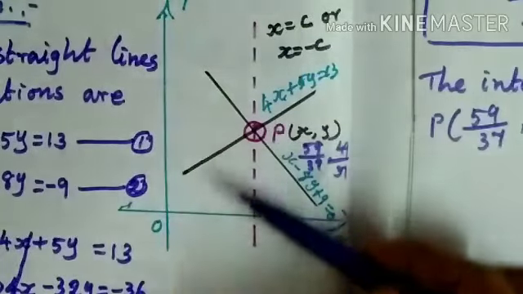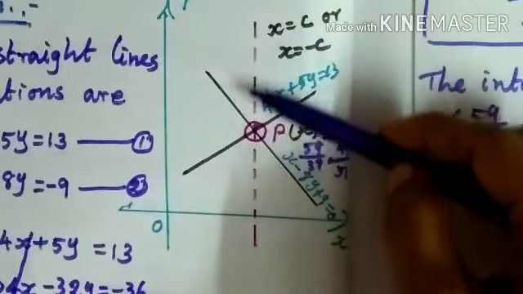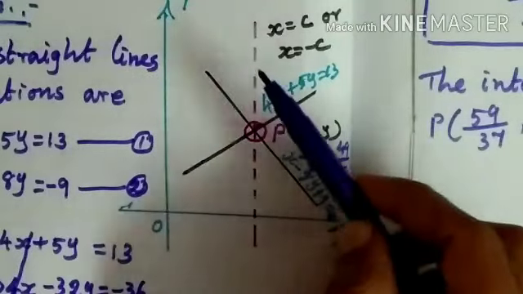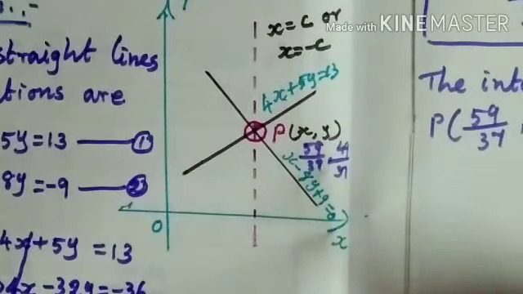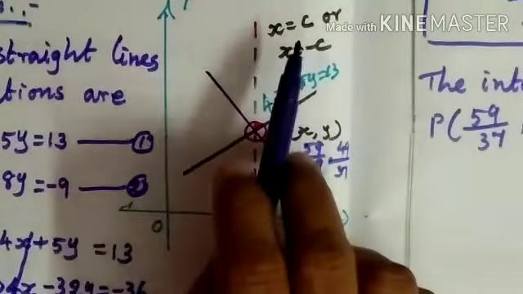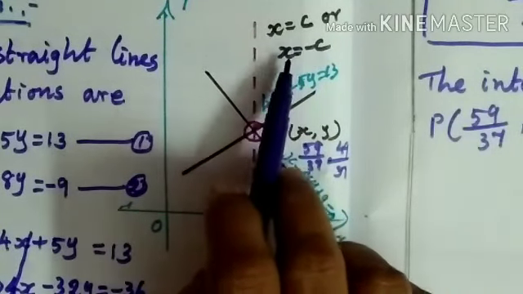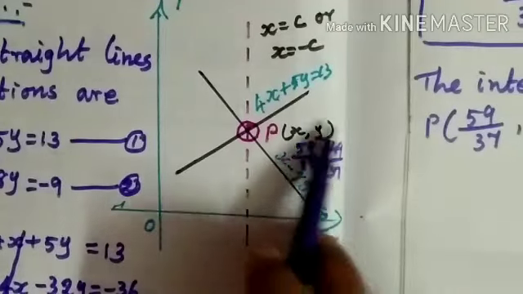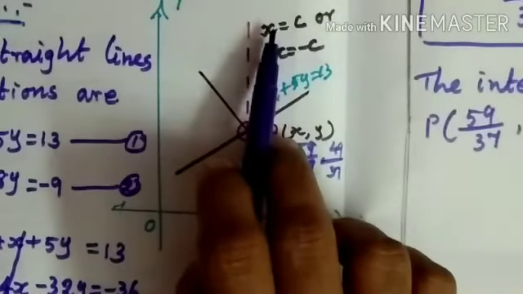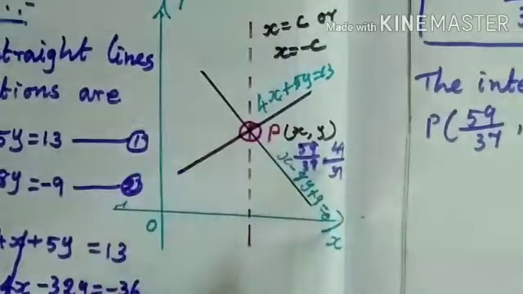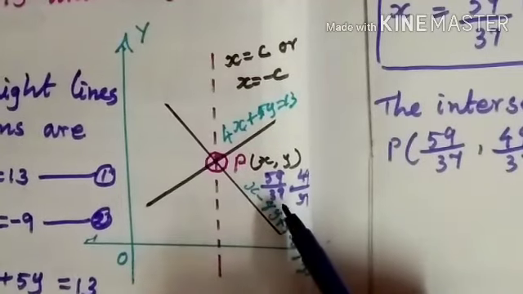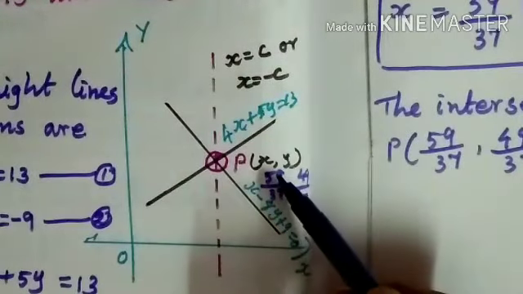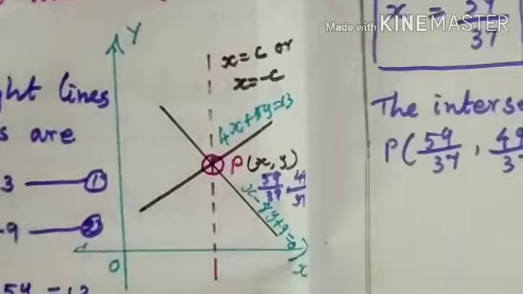By the given information, this straight line is parallel to y-axis. Then the formula is x is equal to c or x is equal to minus c. Here both the points are positive, so you take x is equal to c. Therefore, the equation is x is equal to 59 by 37.